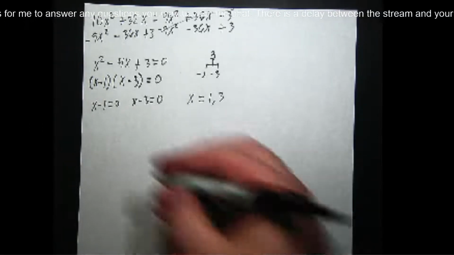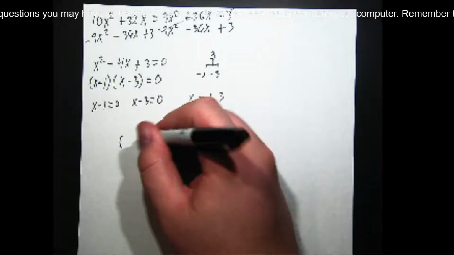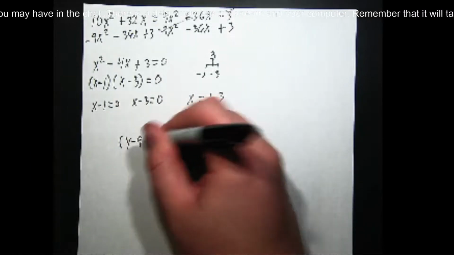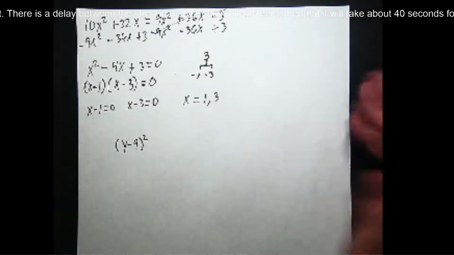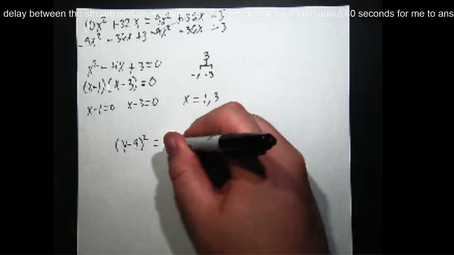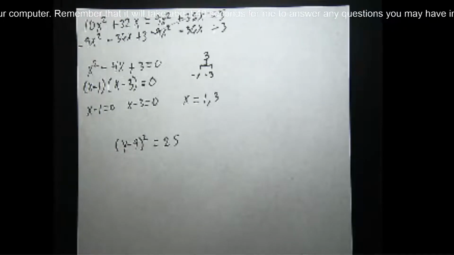Okay, next we've got y minus 9 squared equals 25. And this one says solve the following quadratic equation by factoring. Not a whole lot of factoring in this one.